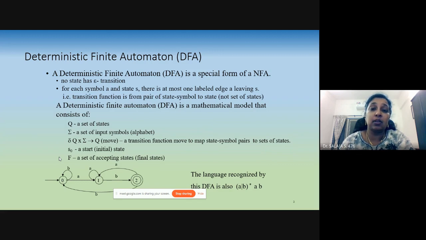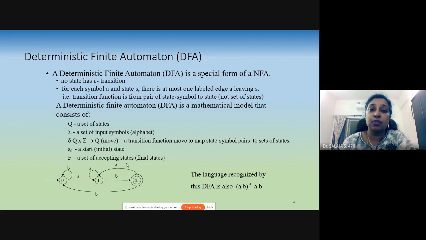And among the set of states Q, one state is considered as an initial state, and one or more states can be considered as a final state. To recall, you have a DFA for (A or B) closure AB. We have a single initial state and a single final state.